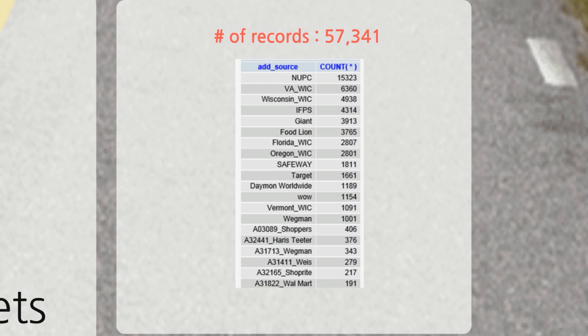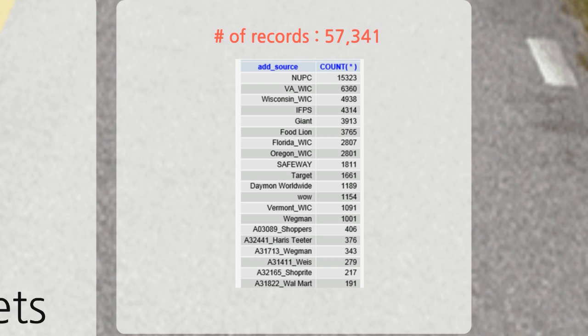Out of that number, about a quarter, or 27% or something like that, is coming from national UPCs. We created the UPC pool in the middle of last year. At that time, national UPC had that many UPCs, but right now it has much more than that.